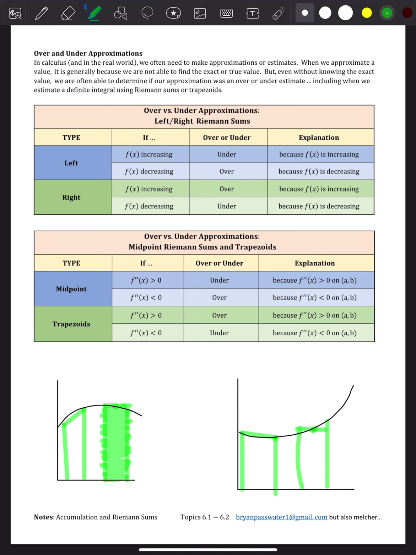Sometimes it gets over, sometimes it gets under, but when we look at the fine details, overall, it's going to be underestimated. So when we look at these estimations, we can tell if they're under or over based off of what's going on with our graph, using that Unit 5 knowledge to kind of help us out here.